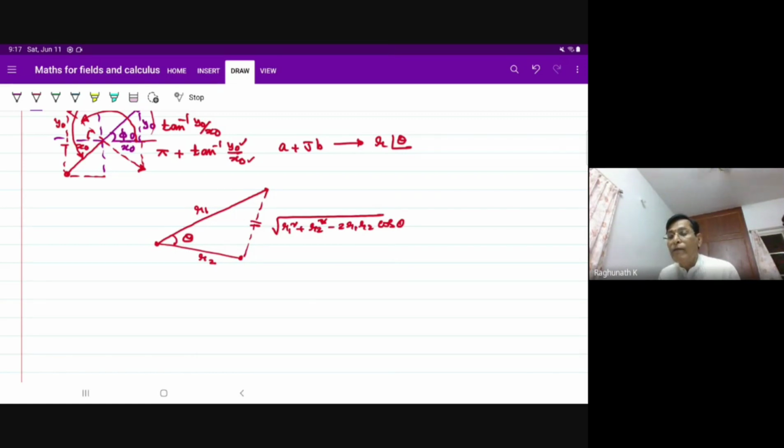If you know this, we can use it to calculate the distance between 2 points in circular coordinates if I want only the distance. Cos theta is cos of the difference of phi 1 and phi 2. Whether it is phi 1 minus phi 2 or phi 2 minus phi 1, it makes no difference for us.